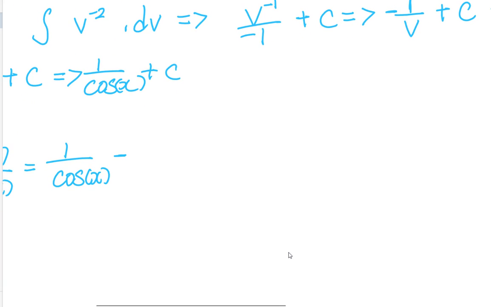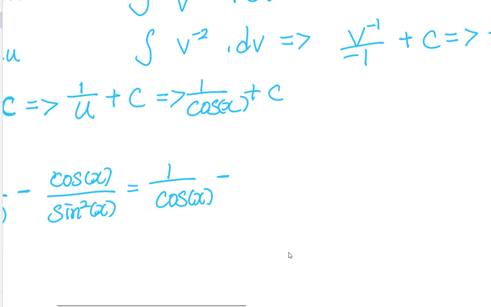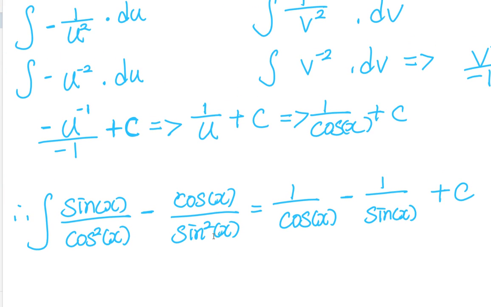The reason it was minus is because we got a -1 over sine x over there. That's it. That's how you do it. So that's the answer. This particular method we just used is called integration by substitution.